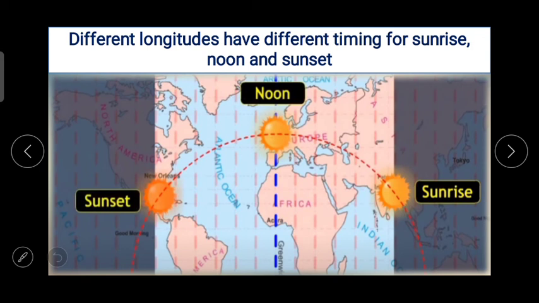Now we are exactly at our point. Different longitudes have different timings for sunrise, noon and sunset.